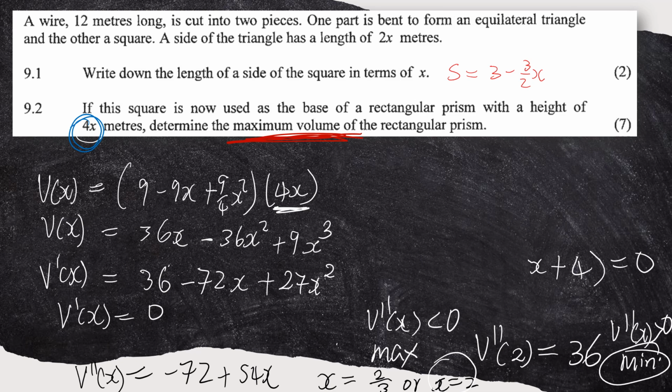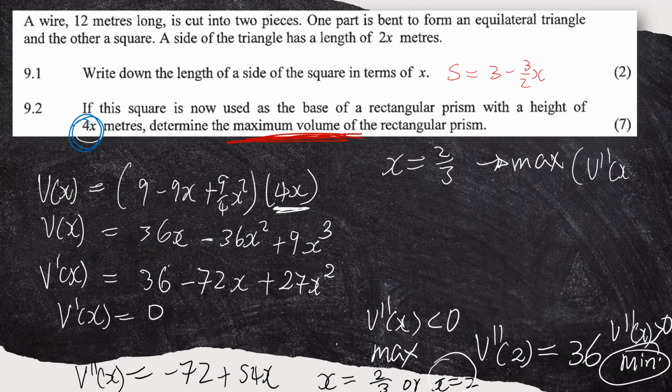So we can now finally answer the question. This forms part of your answer. When x equals 2/3, this is the x that would actually maximize, because we saw the second derivative was less than 0.